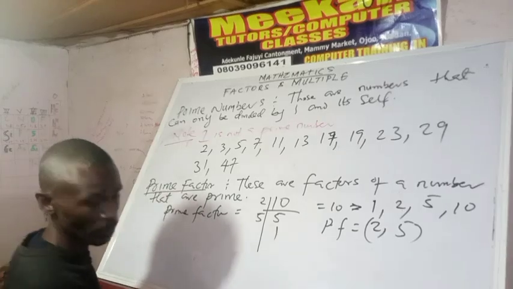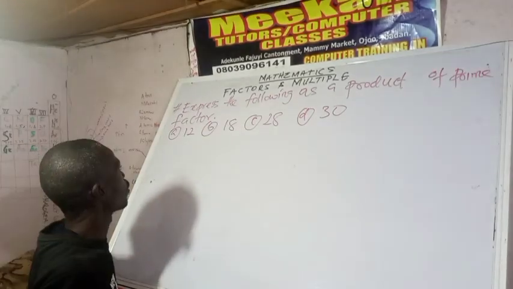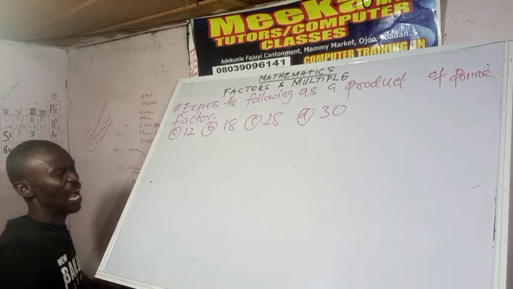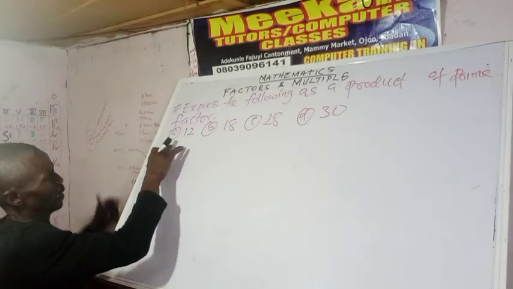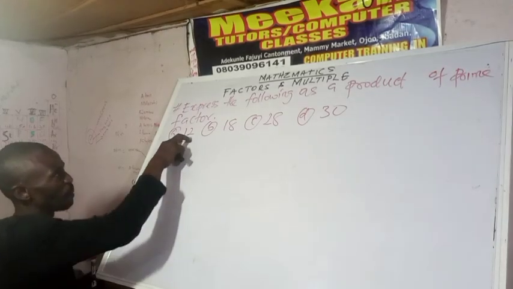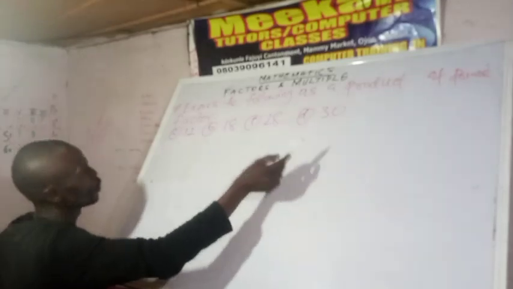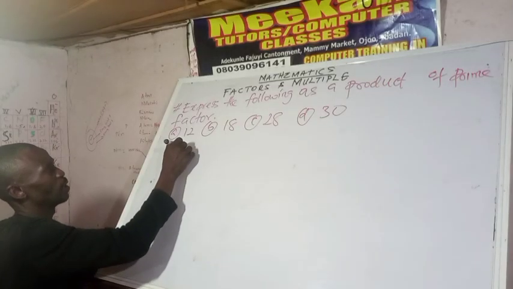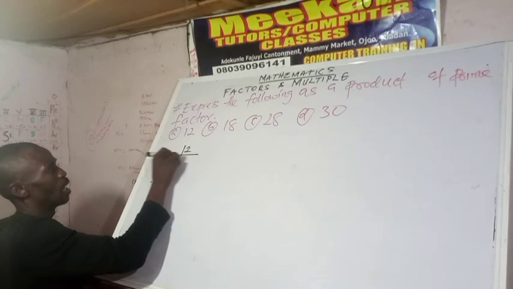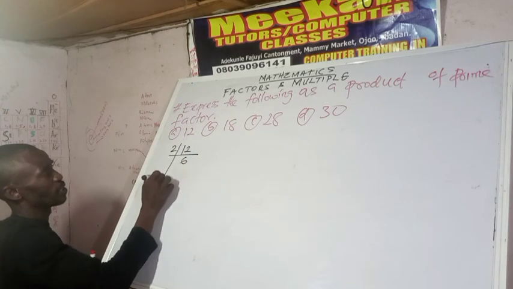Now, express the following as a product of prime factors. Everything we are going to use here is going to be what? A prime number. Now watch, for the same question as a product of prime factors, I'll take this one, my 12. 2 here, what do you have? 6.